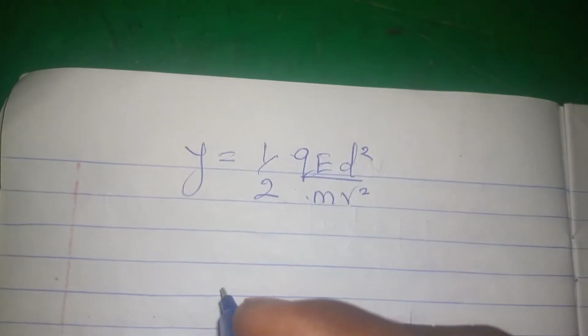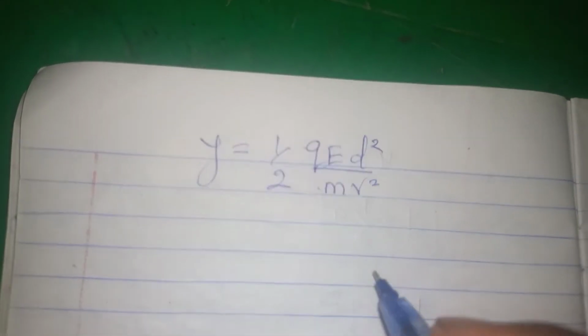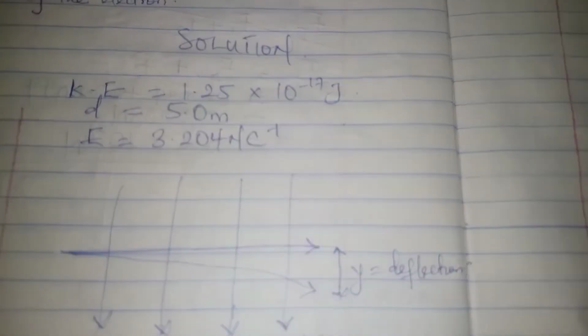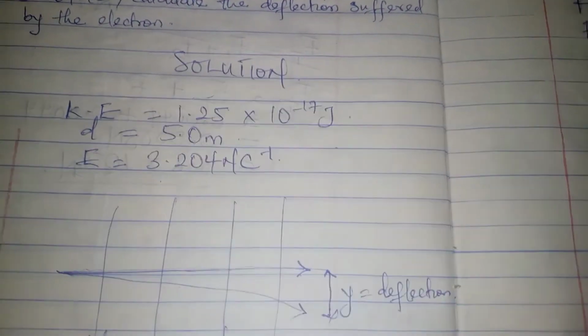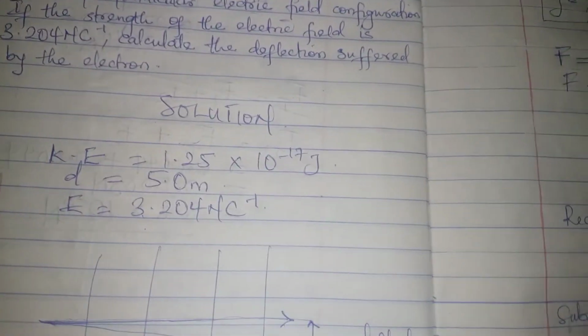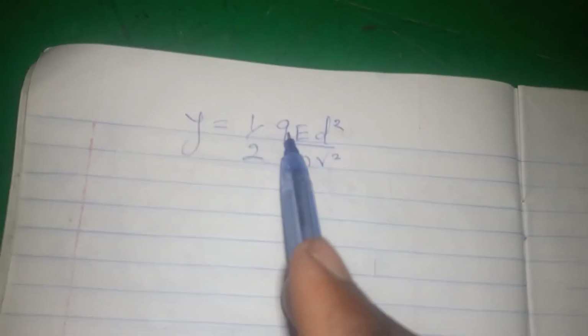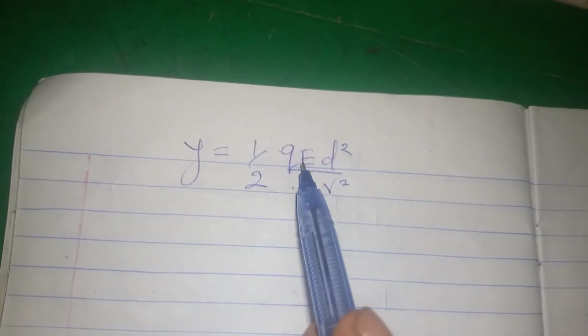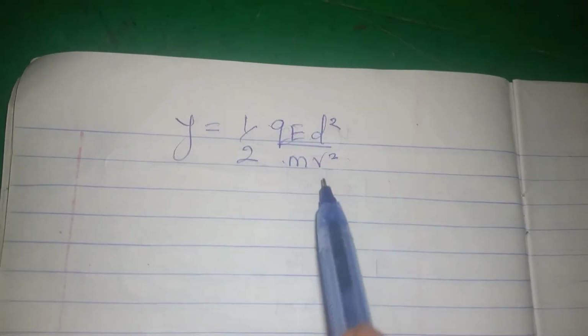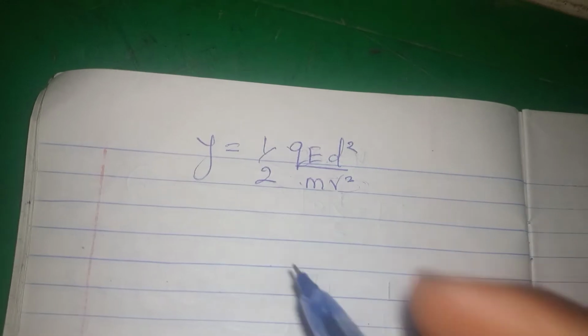So now the next thing we need to do is that from our formula, we go back to the parameters listed. We can utilize D now because D is in our formula. We can utilize E because E is there. D and E, they are here, and definitely we know the charge of an electron, 1.6 times 10 to the power minus 19. But we are left with this. We can easily relate this to the kinetic energy given.